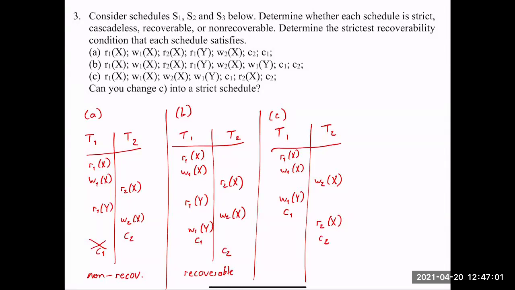All right, so let's move on. Let's see if it's also strict. Remember that a schedule is strict if a transaction neither reads nor writes an item until the last transaction that wrote that item has committed. And is it strict?